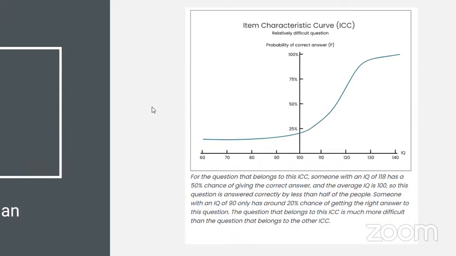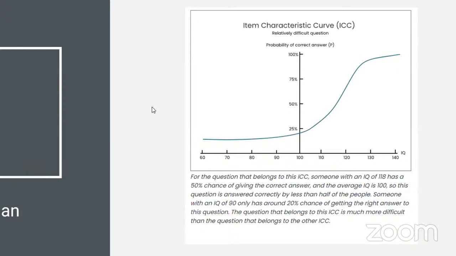So this question is answered correctly by less than half of the people. Someone with an IQ of 90 only has around a 20% chance of getting the right answer to the question. This question that belongs to this ICC is much more difficult than the question that belongs to the other ICC.